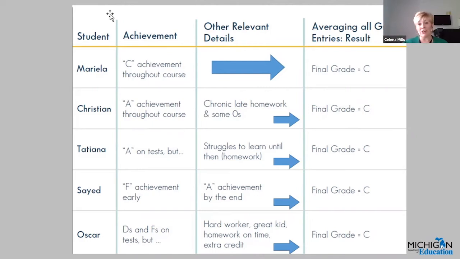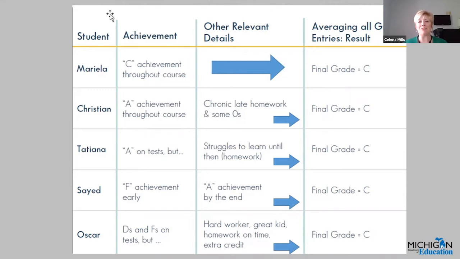If we look at the bottom at Oscar, here's a student who probably shows really great initiative. He's a really hard worker. He's doing all of the extra credit that he can to boost his grade. But if you look at his test grade or his assessment grade, those are D's and F's. And if those assessments are really critical skills, then he actually looks like he knows more than what he does.